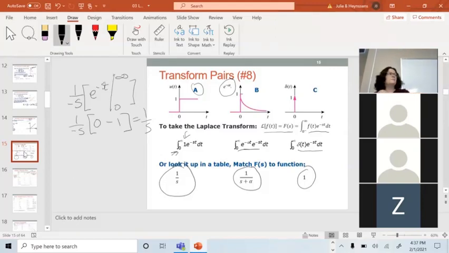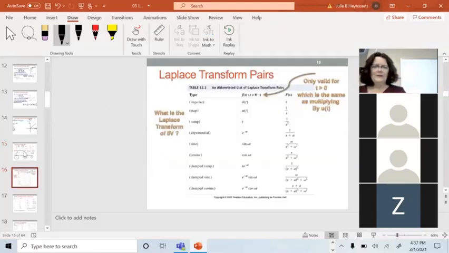People who like math much better than most engineers do have gone through and actually done these integrals for a whole lot of different functions. Every function that we'll do on the homework or on an exam will be on these tables in one of my key slides. So here is a whole bunch of different transform pairs.